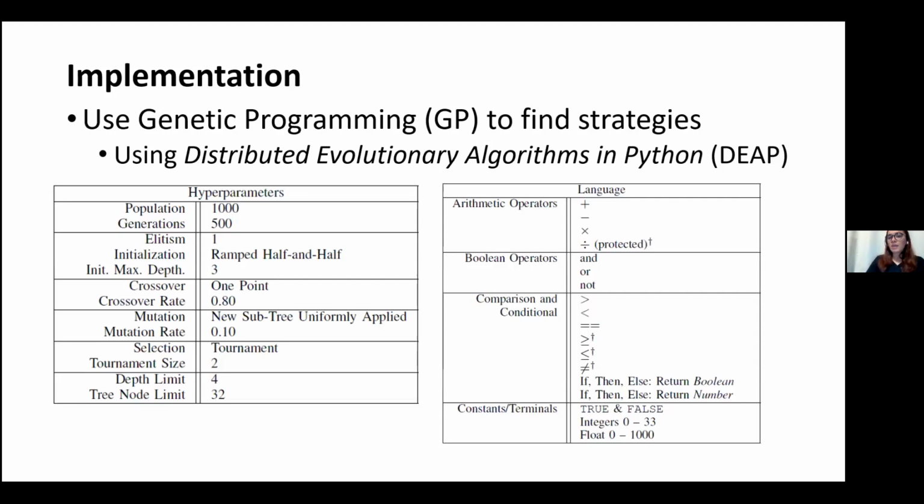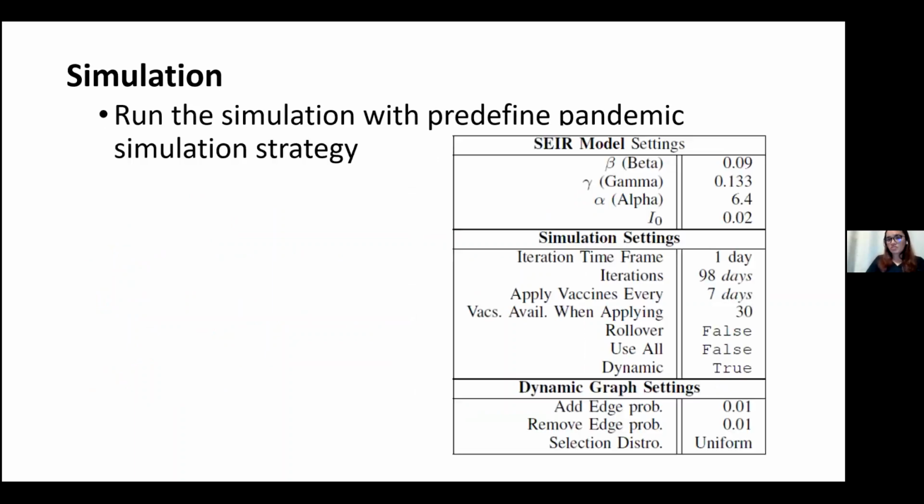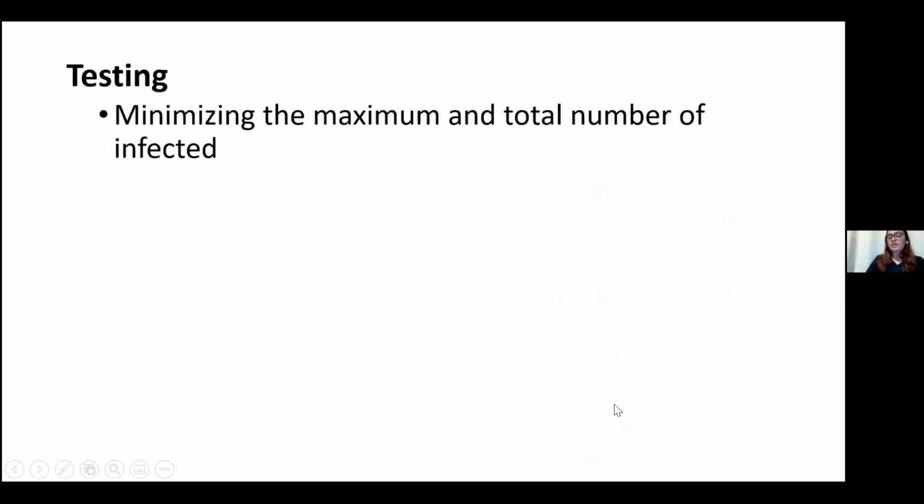So here are the hyperparameters and the languages we used for our work. Then we run the simulation with the predefined pandemic simulation strategy. We can see here the model settings for the SAIMR model and also the dynamic graph settings. After running the simulation, we also perform testing, because we wanted to be sure that the generated strategies our model is coming up with are efficient enough.